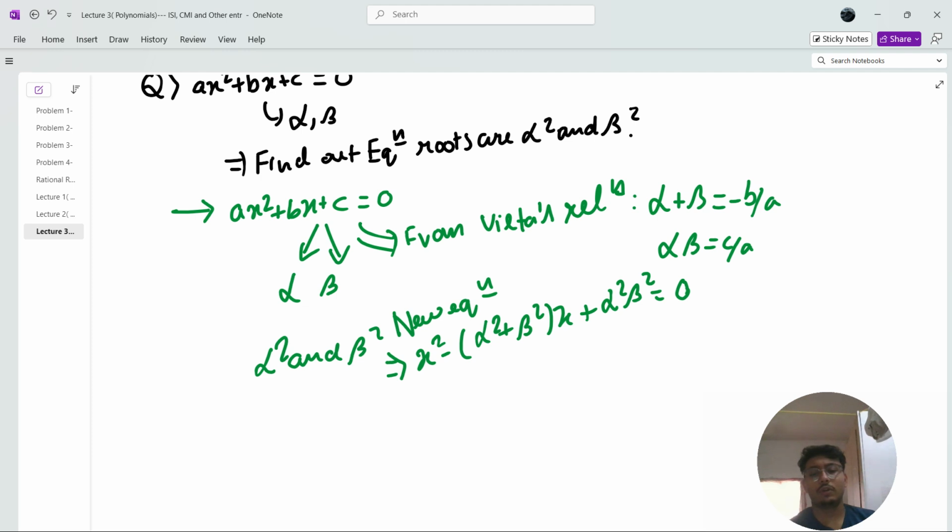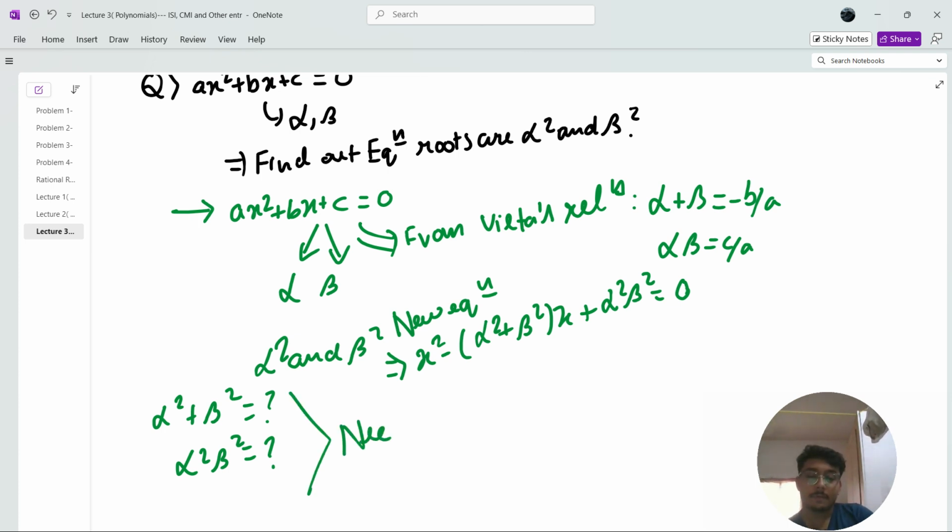So next, what do we need? We basically need two things: alpha square plus beta square is how much, and alpha square beta square is how much.